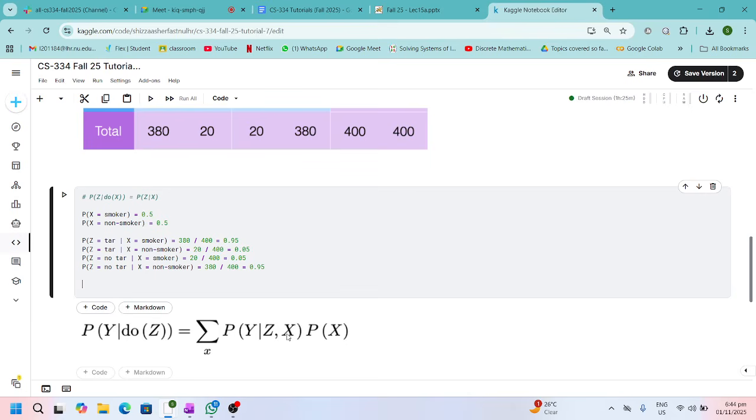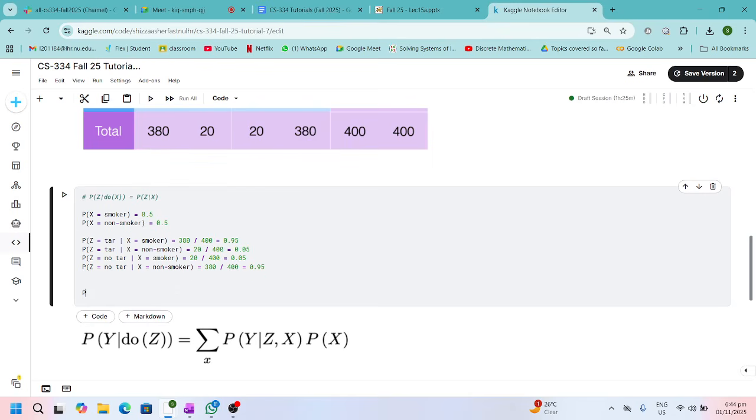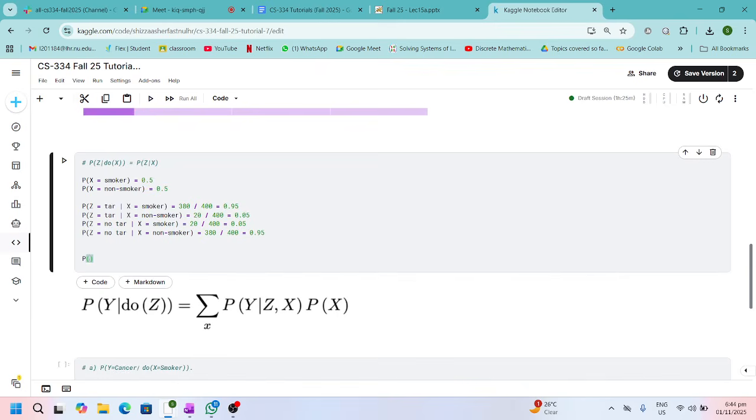Probability y given z comma x multiplied by the probability of x, and then you sum these up for every single value of x. So let me show you what that means. Let's expand it and then compute it. Y equals, well, cancer. Let me look at it initially for cancer.